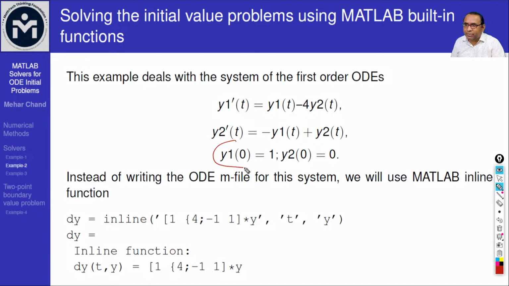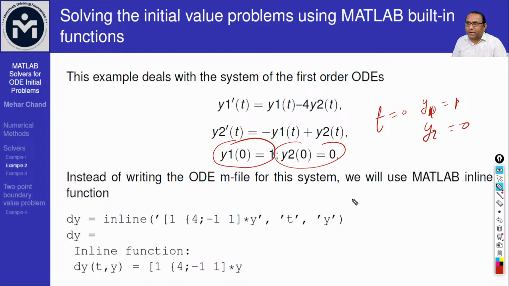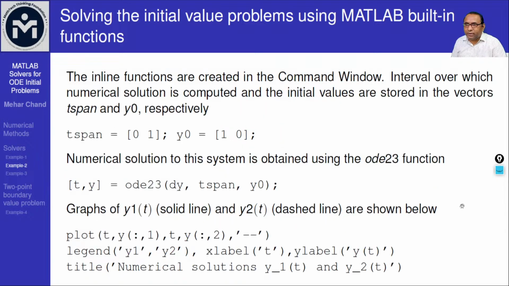Check all these parts. At t equal to 0, y1 is equal to 1 and y2 at 0 is 0. Here we are using a t-span, and we take t from 0 to 1. We want to solve the equation for this t-span.